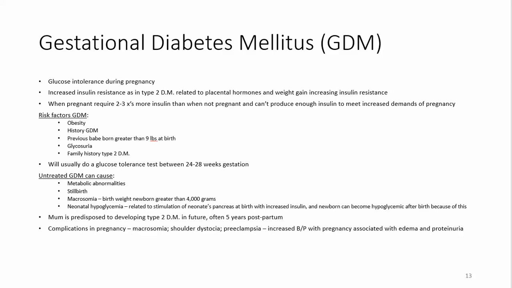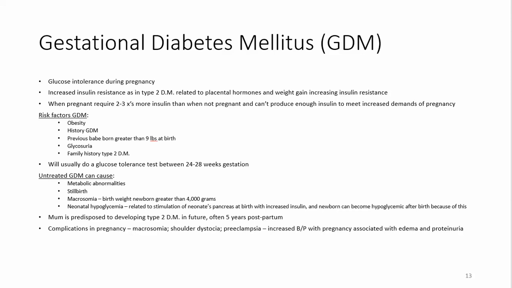So what happens if you don't treat the gestational diabetes? Well, the baby ends up a little hyperglycemic and can end up with some metabolic abnormalities. It can result in stillbirth because there can be severe metabolic abnormalities.